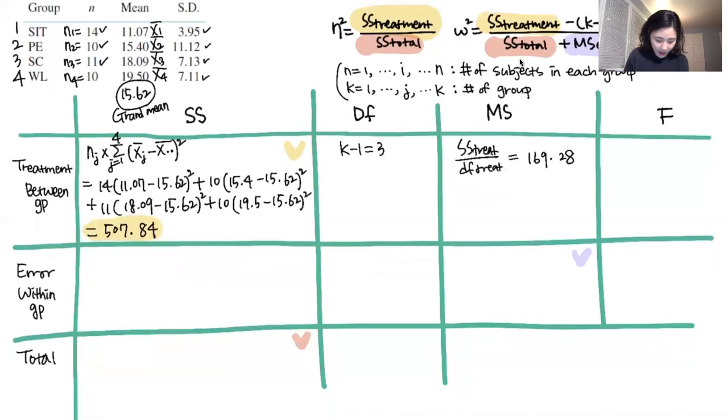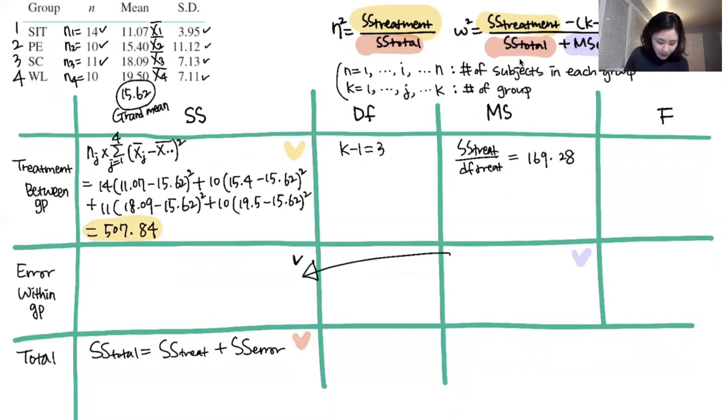And then I need to calculate the sum of squares total. The sum of squares total can be calculated as the sum of squares treatment plus the sum of squares error. So I need to know the sum of squares error, but we don't have the raw data. We need to calculate the sum of squares error from the mean square error.